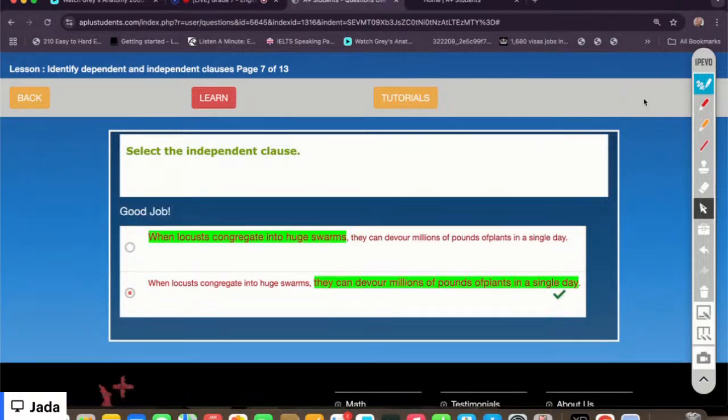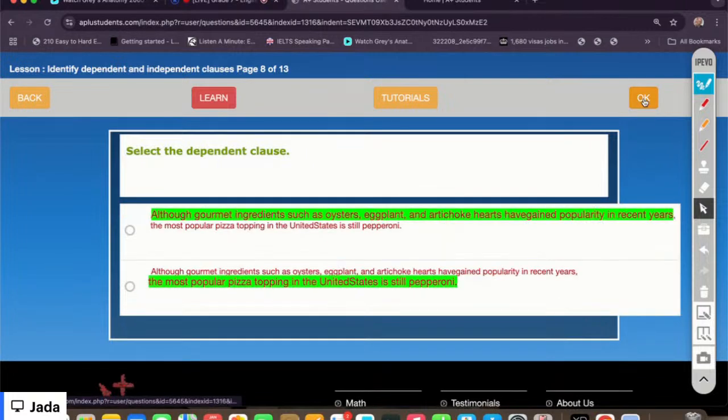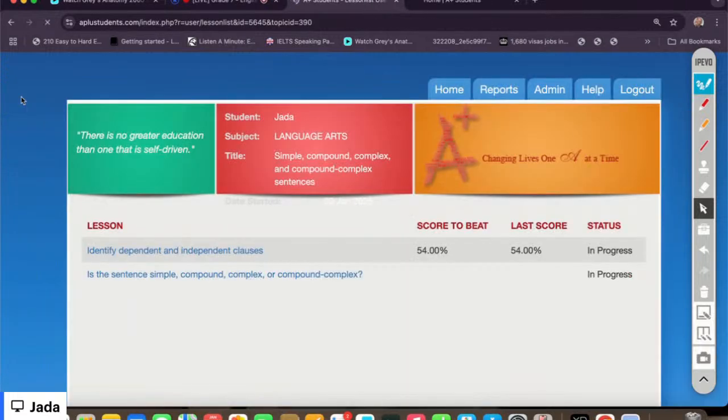so that's it for the identify dependent and independent clause. You can let me know in the chat if you have any questions. Do you have any questions or no? Before we move on to the second lesson, do you have any questions?